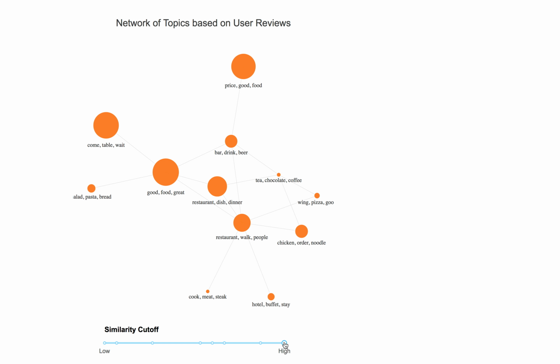Whereas when the similarity cutoff is low, the topics are connected even if they are only slightly similar. In this way, the user can explore and bring out different meanings of what each edge means and whether there are any hidden meanings in this visualization.